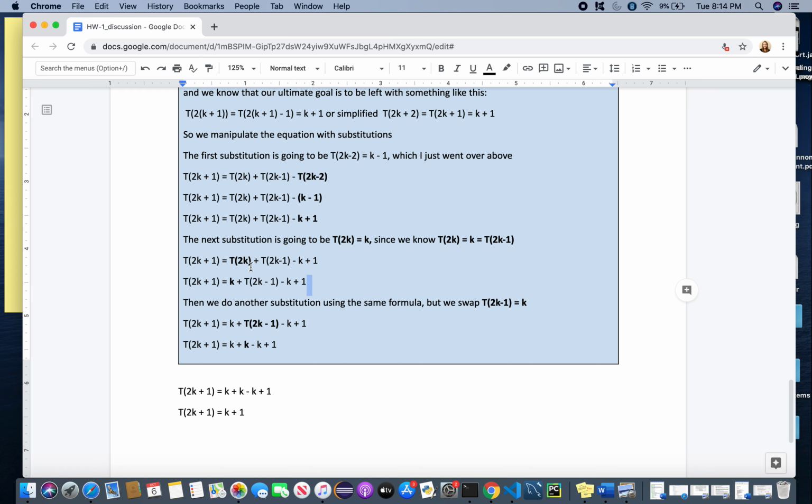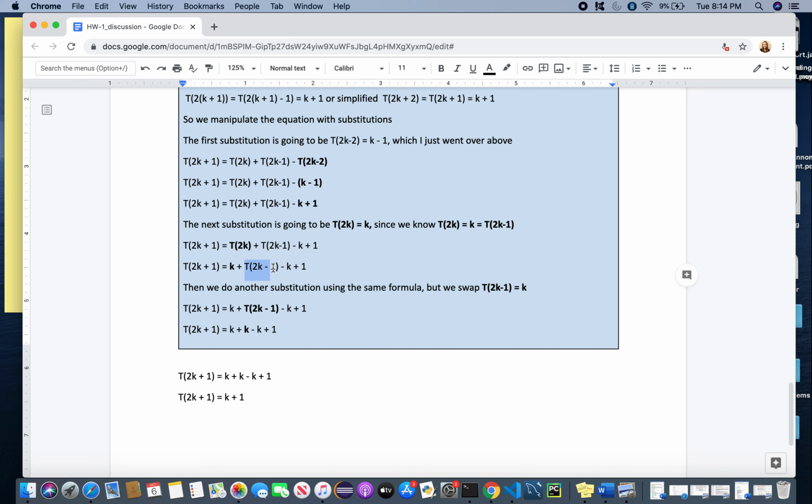So boom, T(2k) = k, and already this formula is looking like it's going to be able to prove something for us, but we have this one left that's not looking like what we want.